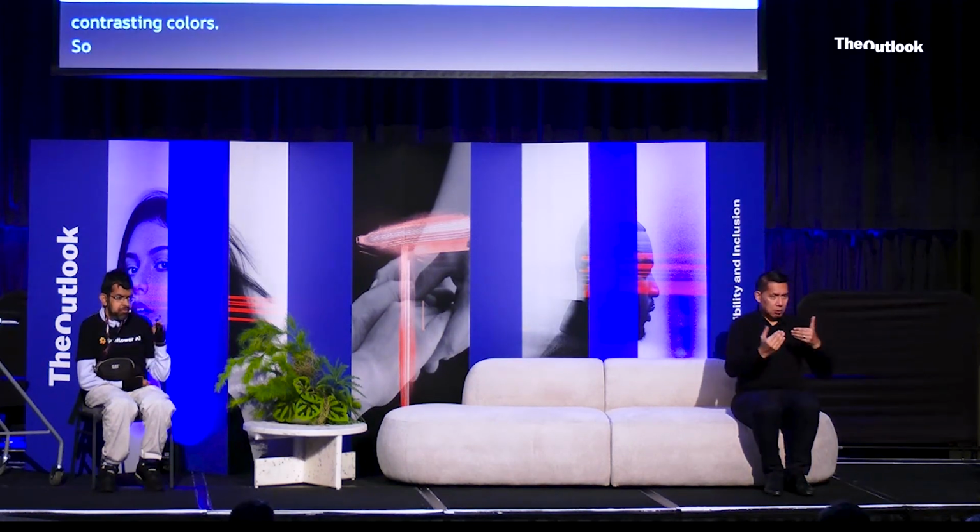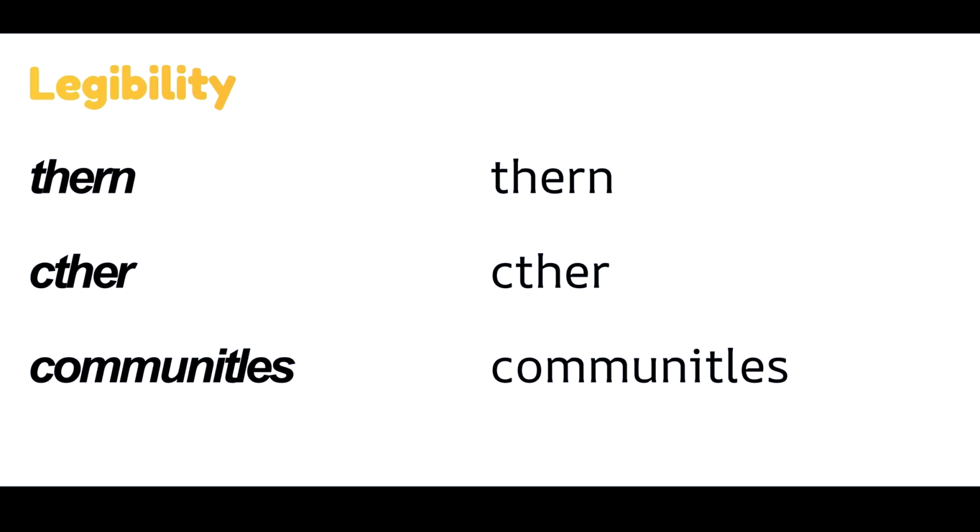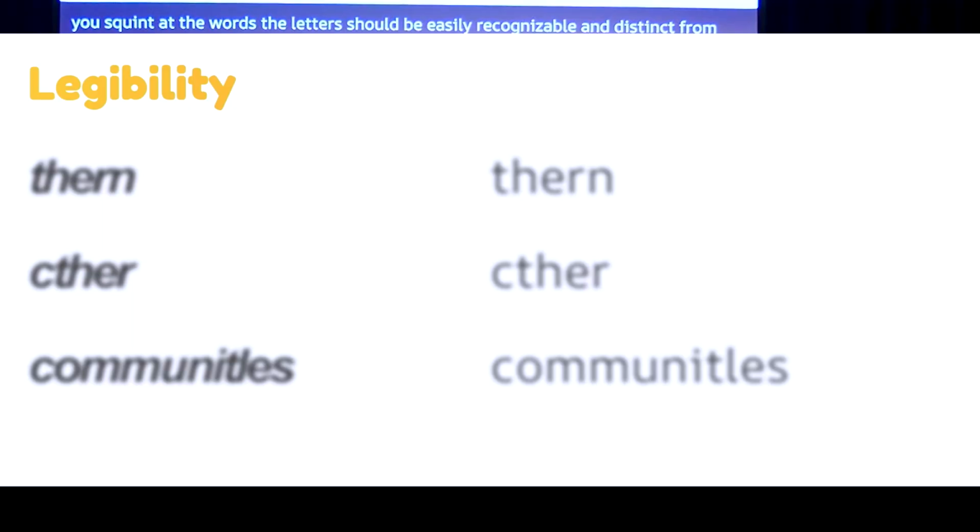So what's legibility? The unifying principle of legibility is that basically if you squint at the words, the letters should be easily recognizable and distinct from each other. A good way to simulate squinting is to just blur the text.